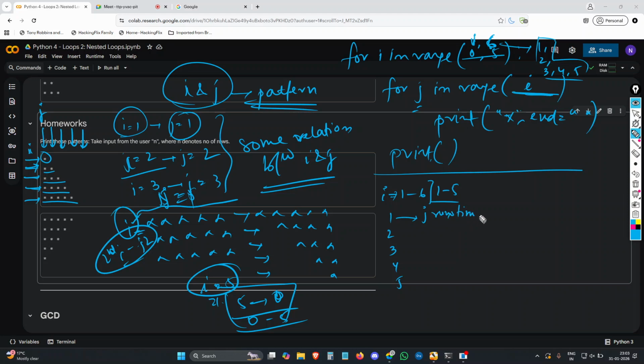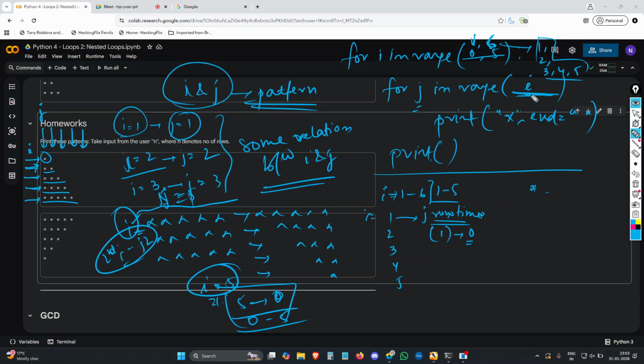That is what it means when I'm giving j in the range of i. So for i equals 1, what does j's range become? j's range becomes 1. So if range is 1, what are its values? 0. So for 0, 1 star will be printed. This much is clear, and there will be a space because I've given it.